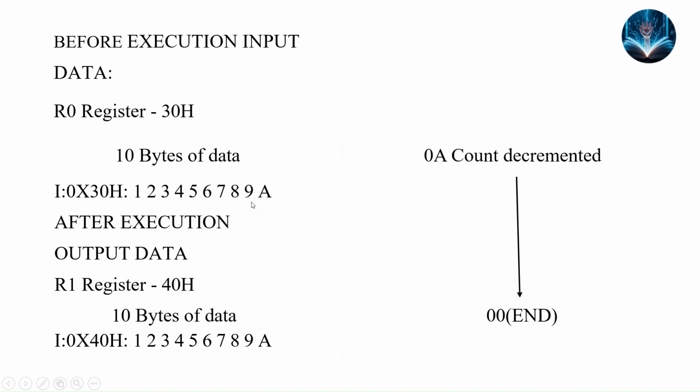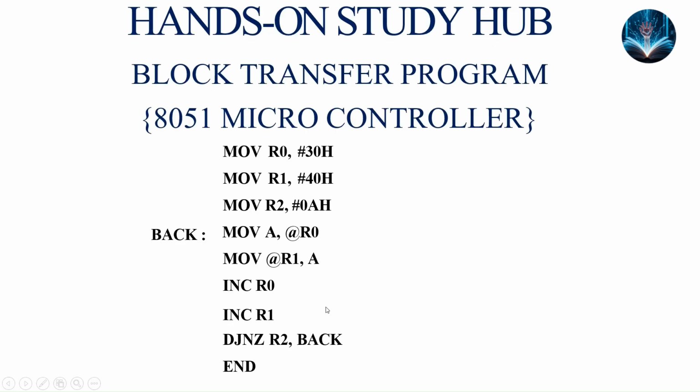Now the second data will be transferred from the location pointed to by R0. Next, the copied data will again be copied into the 40H location, right?